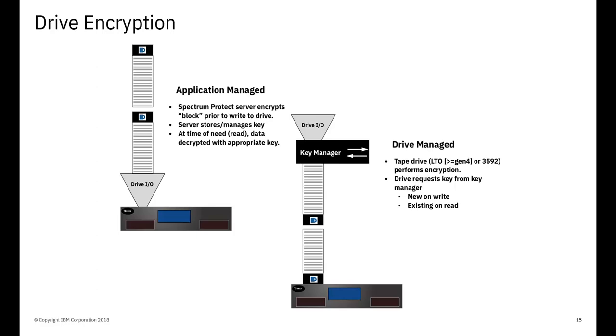We also have drive managed encryption for the specific tape drives that do support that. For LTO, that's going to be your Gen 4 or greater, or your 3592 drives. And the drives themselves will perform the encryption, and the drives will actually request that key for encryption from the key manager for both writes and reads.